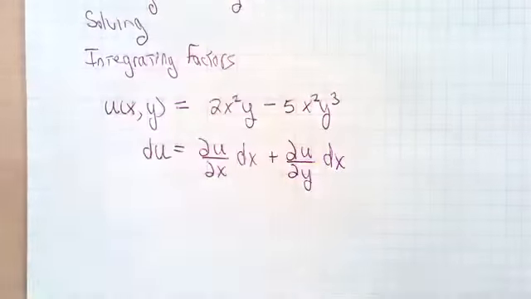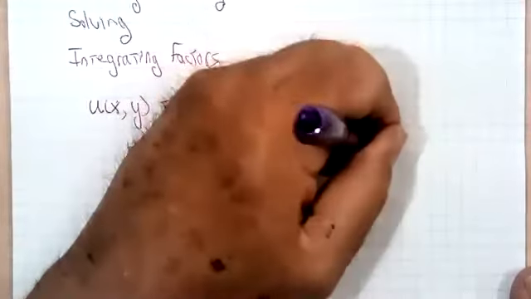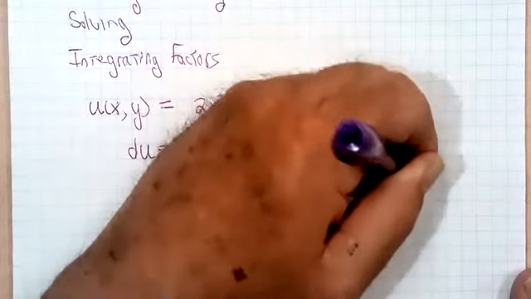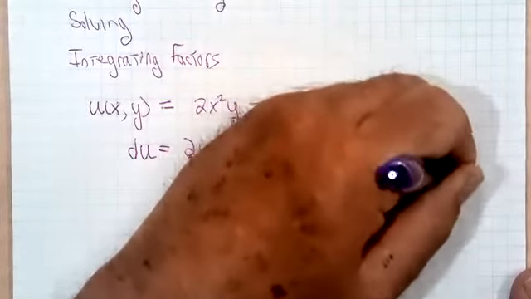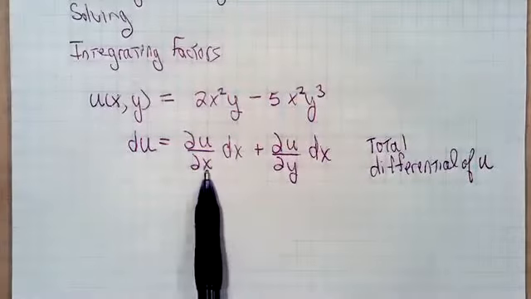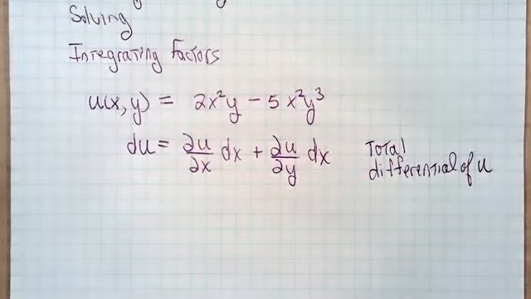And that's it. That's the formula for the differential of u, or sometimes it's called the total differential. And the idea behind the word total is it takes into account both the x variable and the y variable. Now, this thing actually has a meaning.